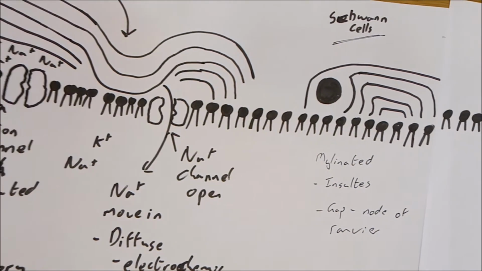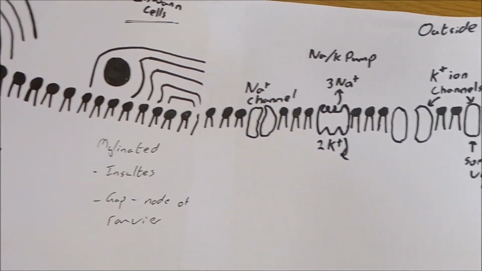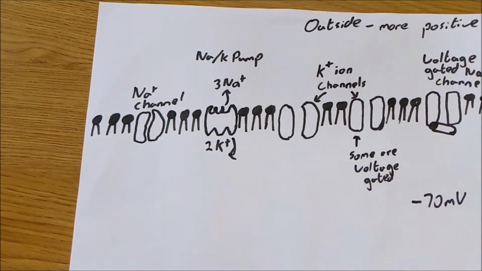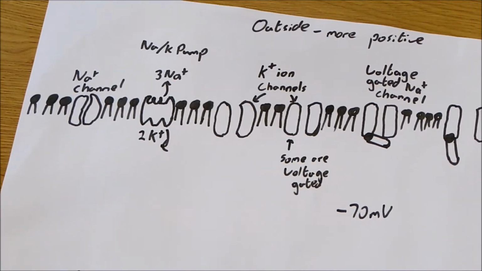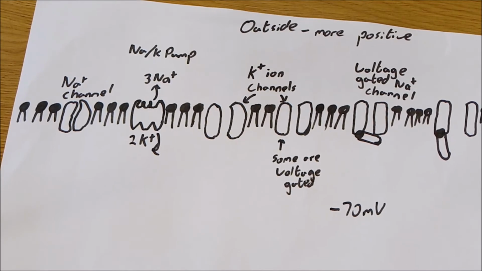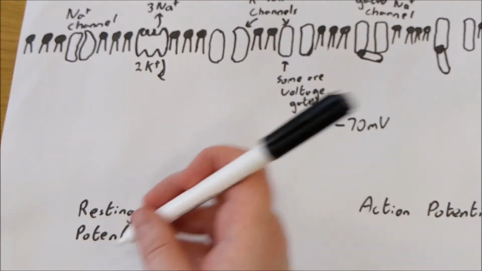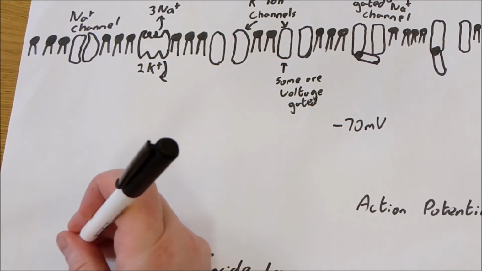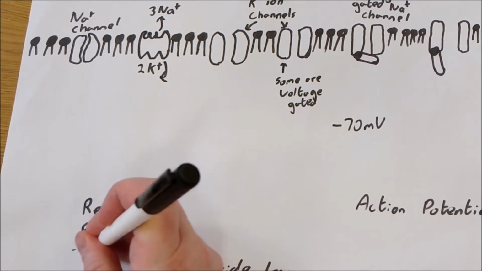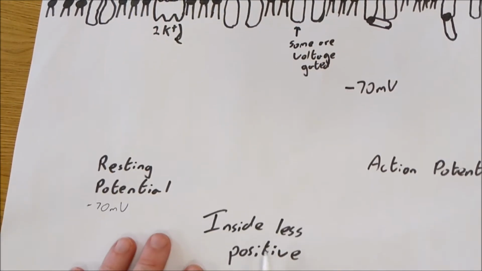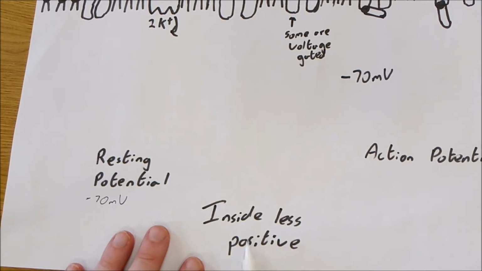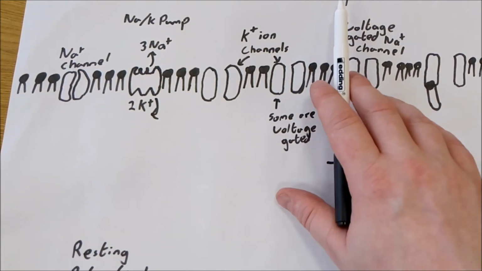So before we can talk about action potentials, we just need to talk about this maintenance of a resting potential. Like we've said, remember that your resting potential is minus 70 millivolts, right? The inside of our neuron is relatively less positive than outside.